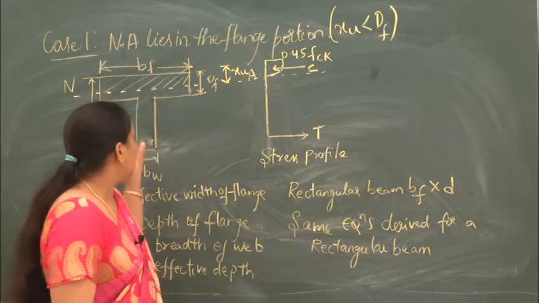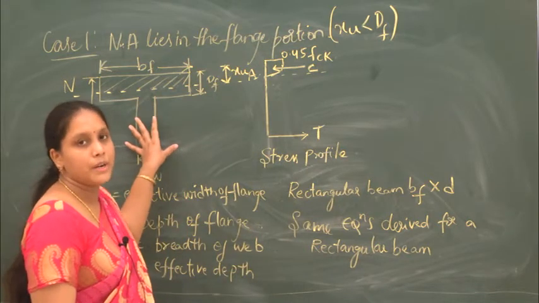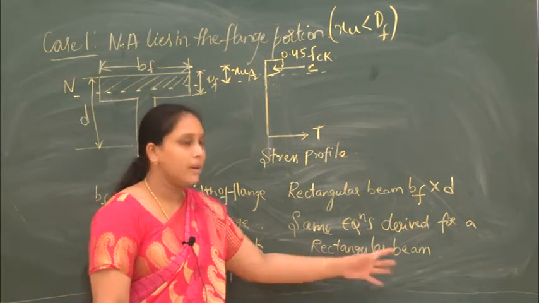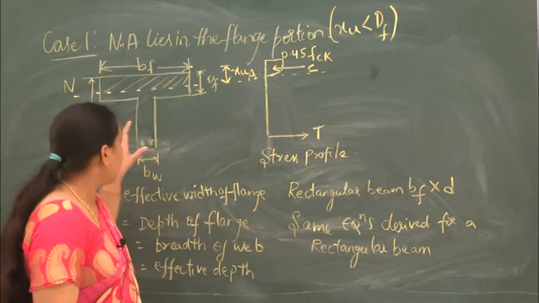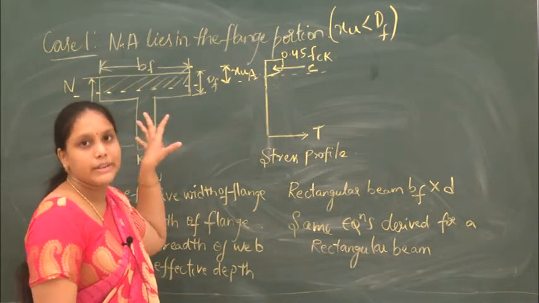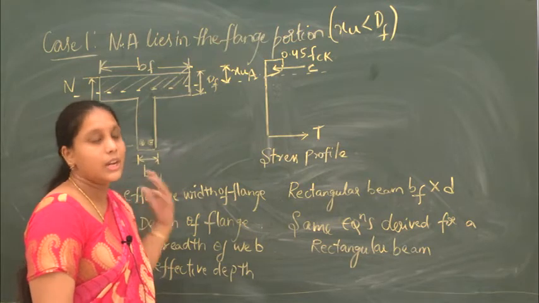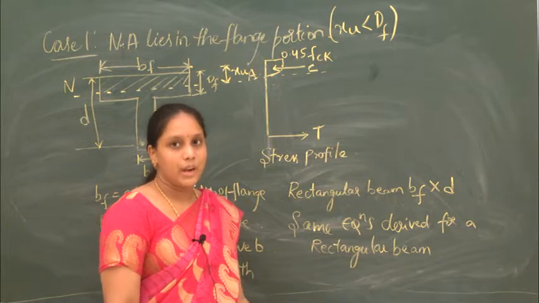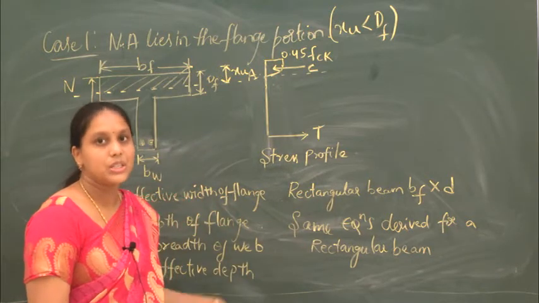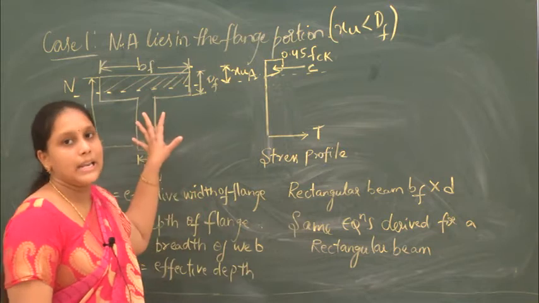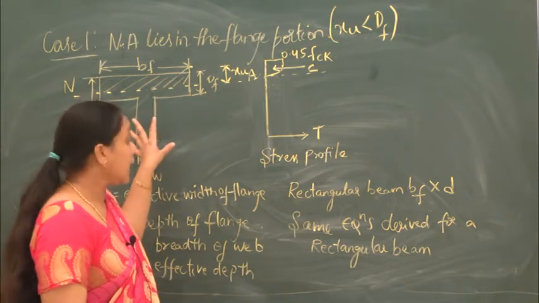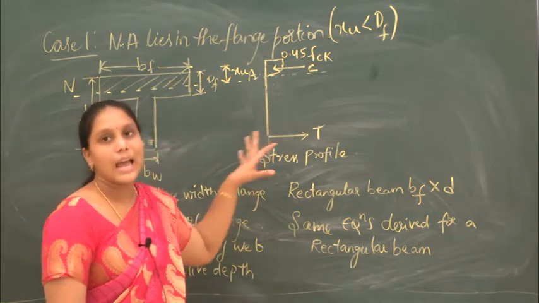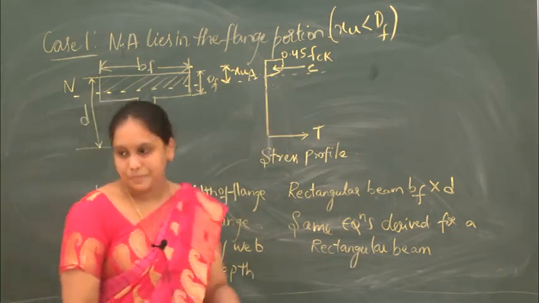So if it is a T section which has reinforcement only in the tensile zone, then you use the equations of a singly reinforced rectangular beam. And if you have reinforcement provided on both sides, that is, if the T section is doubly reinforced, then you will consider the doubly reinforced rectangular beam, and by using those equations we can find out the moment carrying capacity of this particular T section. Now let us analyze this particular T section.